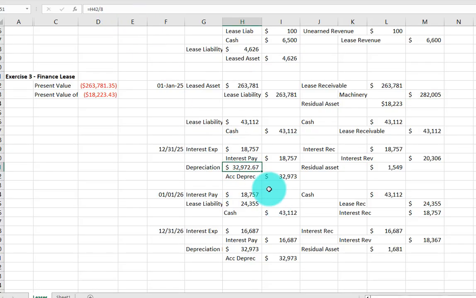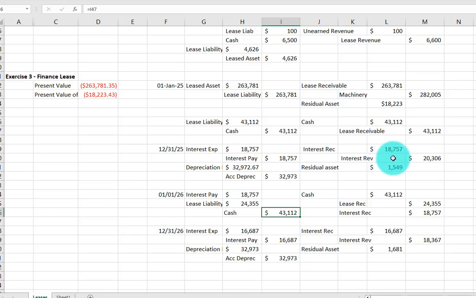Depreciation this time, though, is calculated on the lease term, not on the life of the asset, because we're going to give it back. Okay, so that's the plan. Lease liability, interest payable, paid off, lease liability, cash, and then interest expense for another year with depreciation.